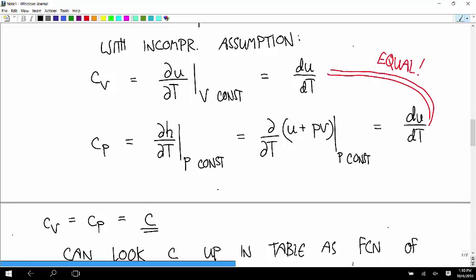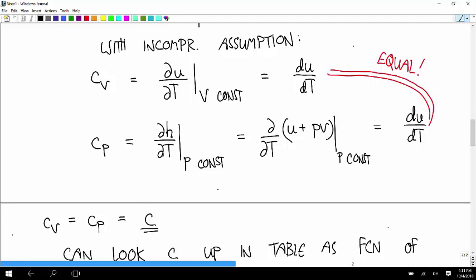We're not assuming that enthalpy is a function of temperature alone. We do assume that internal energy is a function of temperature alone, and that's the only thing that we're assuming is just a function of temperature. Enthalpy changes with temperature and pressure. So if you're holding pressure constant, that's the key thing. If you hold the pressure constant here, then this partial derivative reduces to this.